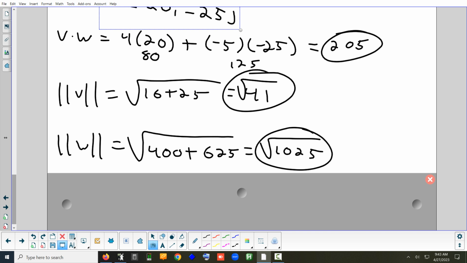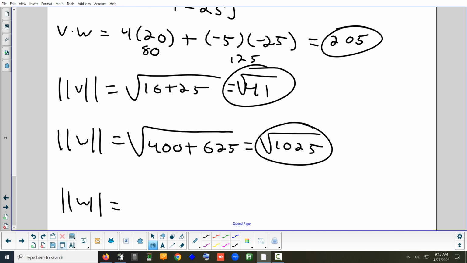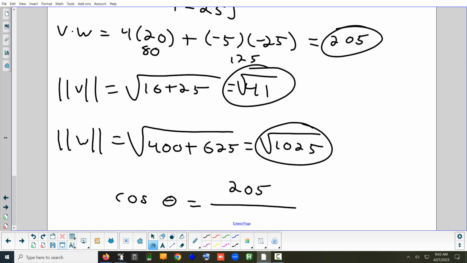Let's fill all those numbers into the formula and see what we get. Okay, so cosine of my angle equals, what's going to go on top? Yep. 205. And what's going to go on the bottom?